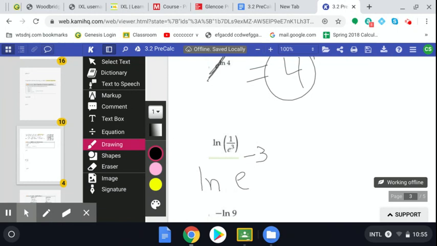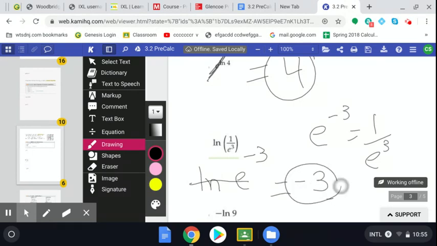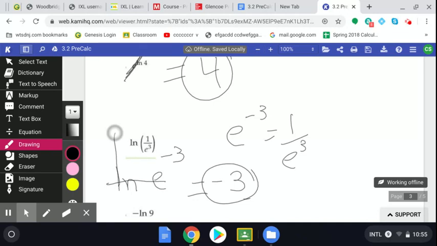You should remember properties of exponents. You should know that e to the negative 3 is the same as 1 over e to the positive 3 power, which means now you can cancel this out and your answer would be just negative 3.